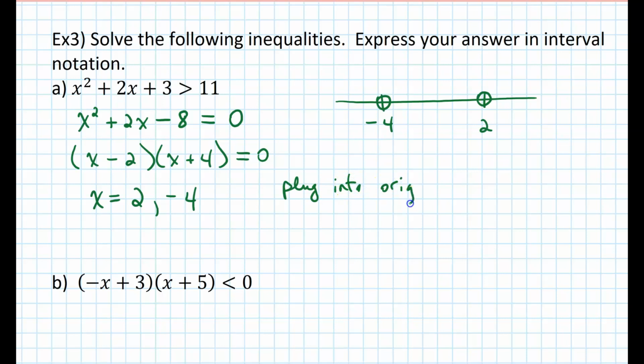I know sometimes it's a lot easier to plug into the factored form, but if you happened to make a mistake factoring, this is where you would catch it, by plugging into the original. So if I plug in 0, I'm going to get 0 plus 0 plus 3 is greater than 11. Is that true or false? False. So we know this region does not work.